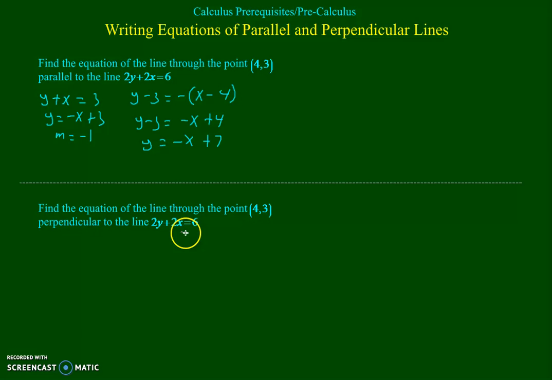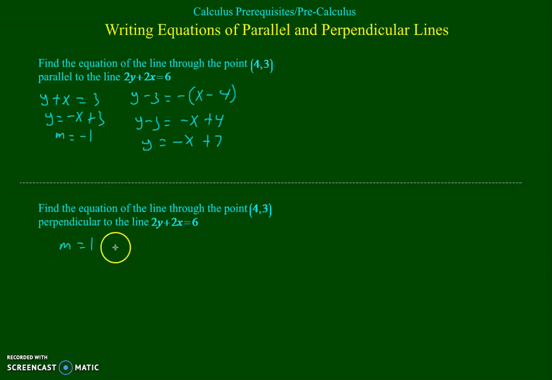Now we're going to use the exact same line and the exact same point, but we want the equation of the line through this point perpendicular to this line. And we know that the slopes of perpendicular lines are negative reciprocals of each other, so our target slope here is 1, because the product of 1 and negative 1 is negative 1.